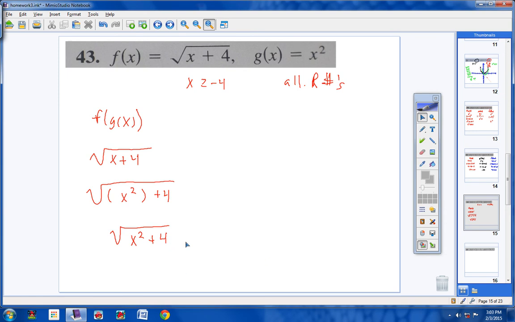Now, students, let's go ahead and find the domain of f of g of x. Remember, whenever you're asked to find the domain of your composite function, you do not look at this. You look at your two function domains up here, and you find their intersection point, or in other words, where they both agree.